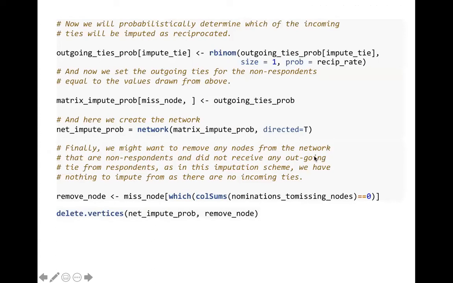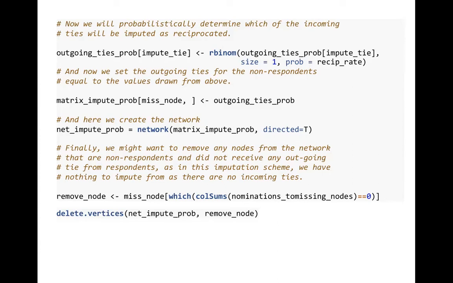And here, using this rbinom command, once we get the data into shape, that's when we take the draw. So flip a coin for every case of interest where there could be a return tie from a non-respondent, where there's no information, to a respondent who nominated them.